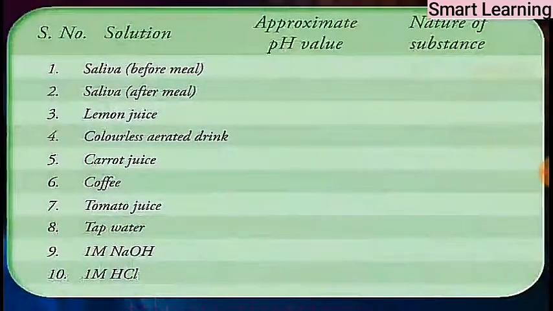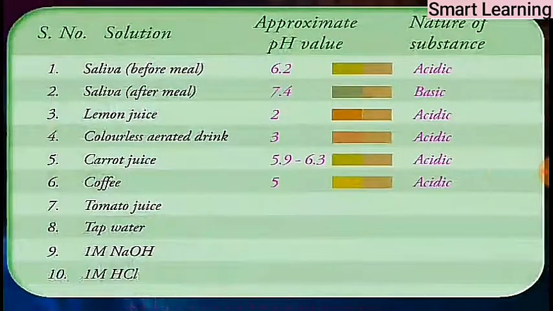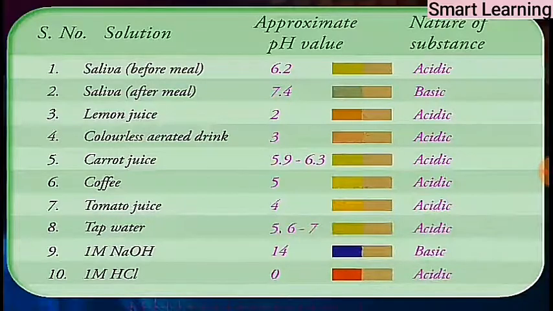Now observe the different colors that these solutions give with the pH paper on this table. Can you conclude something from this difference in color? Yes, we can identify whether the given solution is acidic or basic.